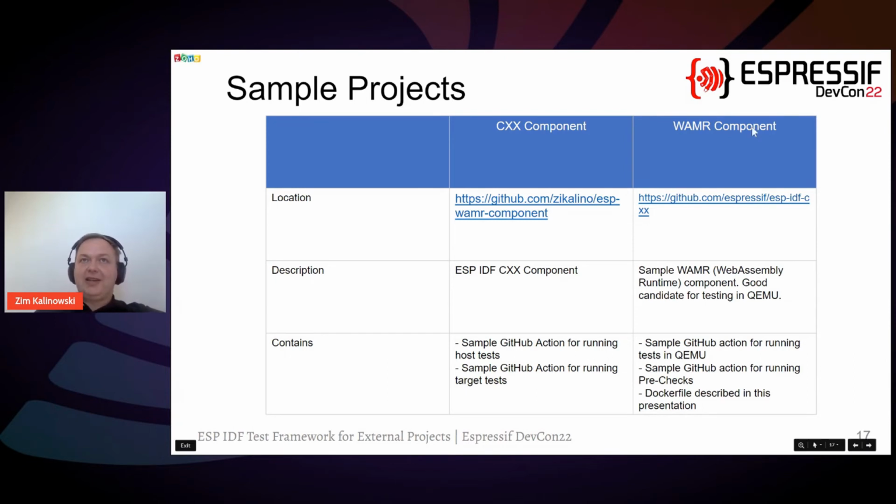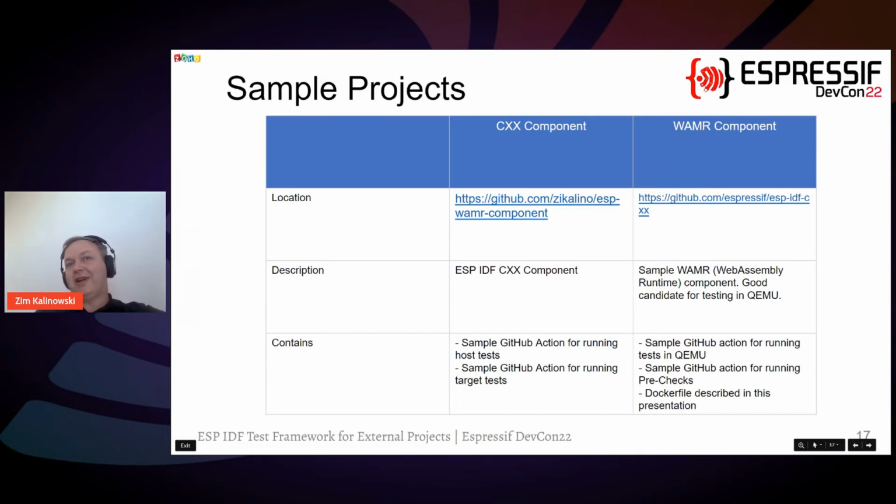And the second example is something I'm working on right now. This is basically a WebAssembly runtime, also wrapped in a component. And because of the specifics of the project, the project is mostly hardware independent. It's a good candidate for testing in QEMU.